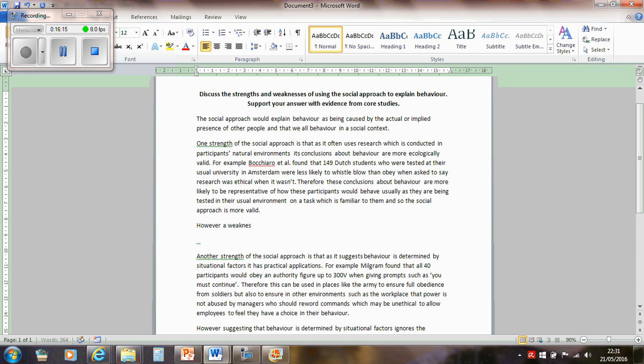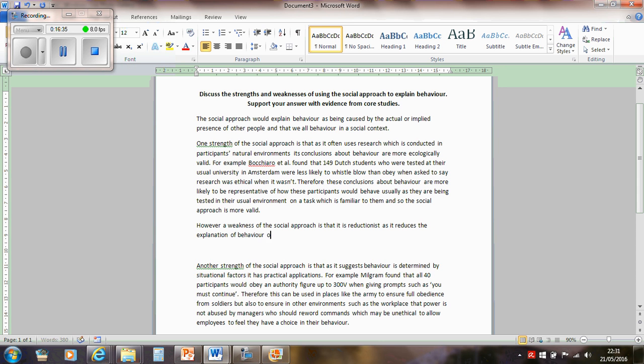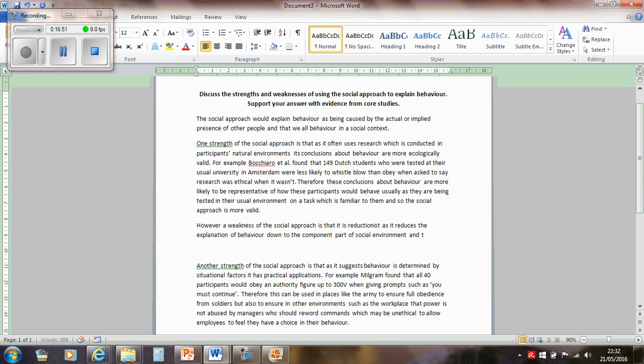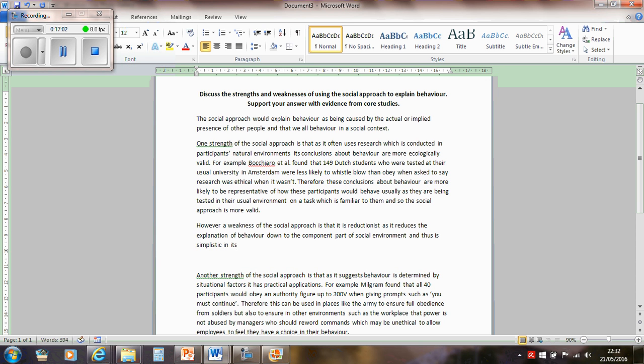However, a weakness of the social approach is that it is reductionist, as it reduces the explanation of behaviour down to the component part of social environment, and thus is simplistic in its explanations.